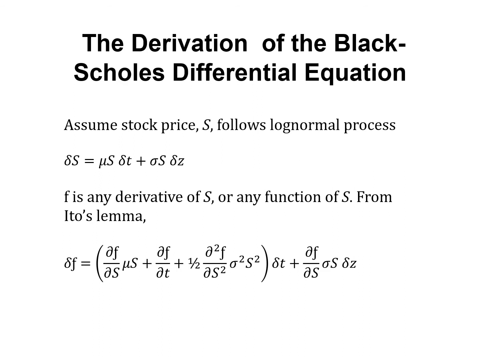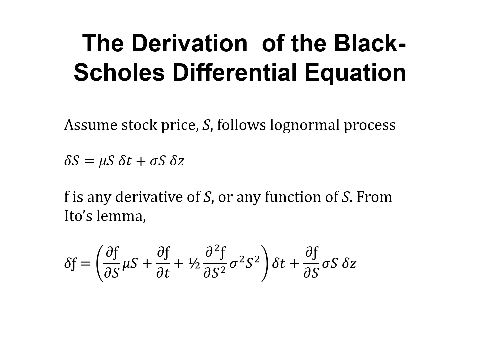From Ito's lemma, which is a basic result in stochastic calculus, df is equal to partial f partial S mu S plus partial f partial t plus 1/2 partial square f partial S square sigma square S square times dt plus partial f partial S sigma S times dz.